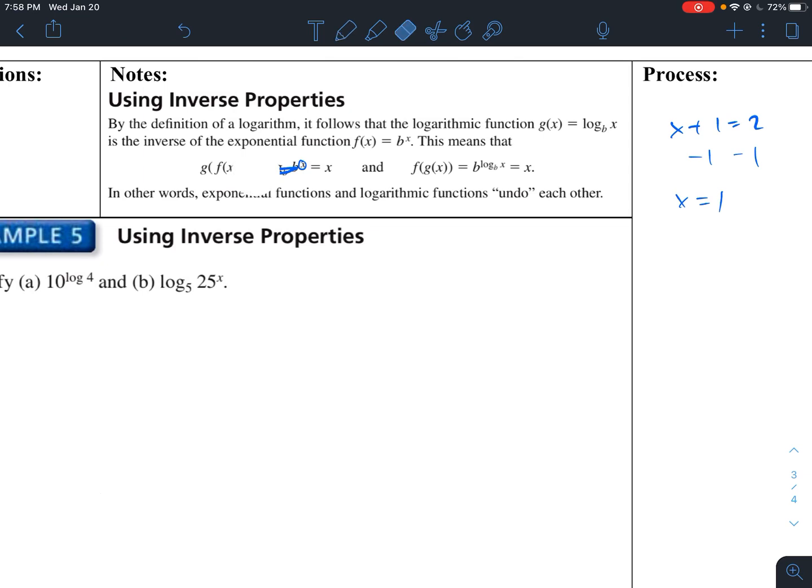That's why it equals x. Likewise, if you have b with an exponent of log base b of x, well, this base right here and this exponent of log base b cancel out, and thus it equals x.